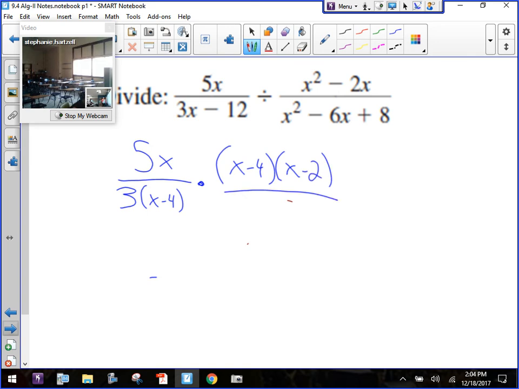And then what do I factor out of the x squared minus 2? X. And then everybody's favorite words. And you get 5/3. Super exciting, wasn't it?